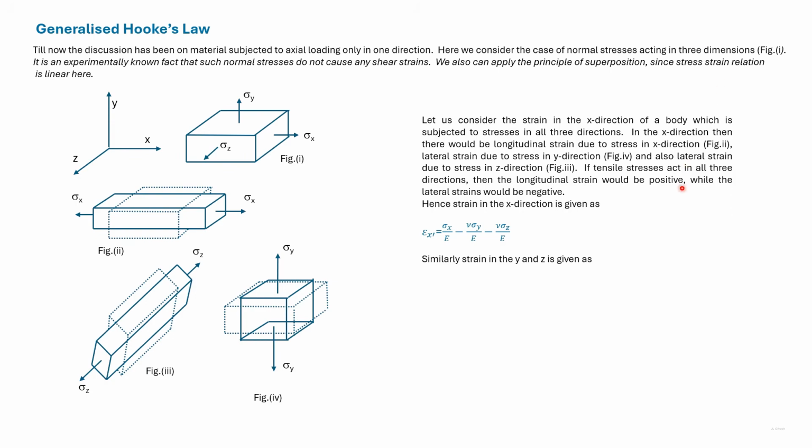We can find the total strain in the other two directions. So epsilon y dash would be given by epsilon y minus nu epsilon x minus nu epsilon z, and similarly with the z direction.